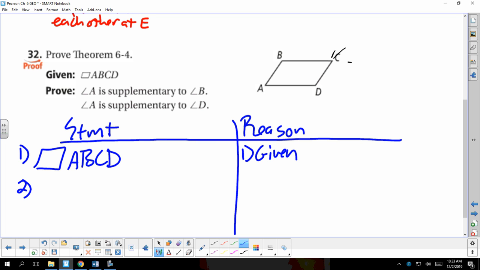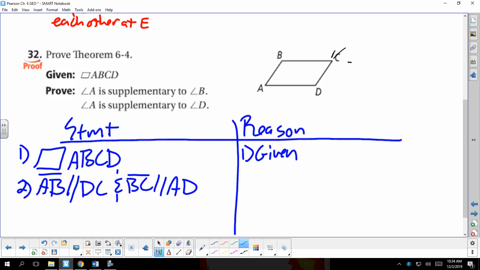AB parallel to DC and BC parallel to AD. That's by the definition of parallelogram. And then we're all done.